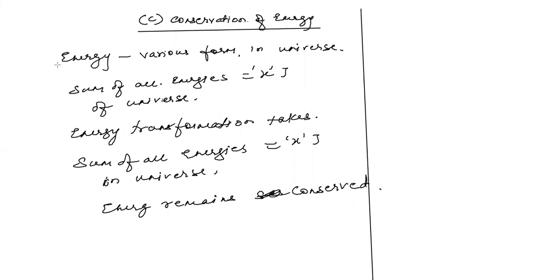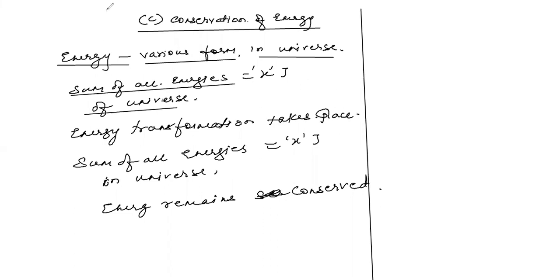Energy exists in various forms in the universe. When I do the sum of all energies of the universe, say I get x joules. Now energy transformation takes place, that means energy gets converted from one form to another.